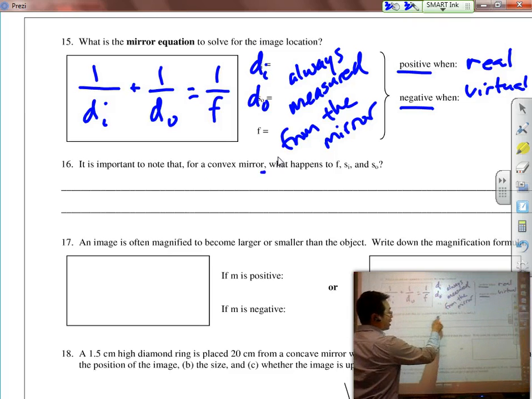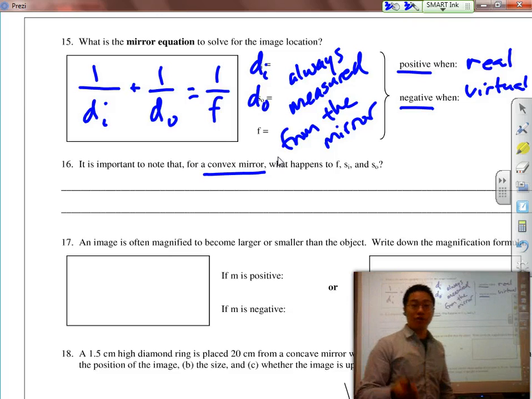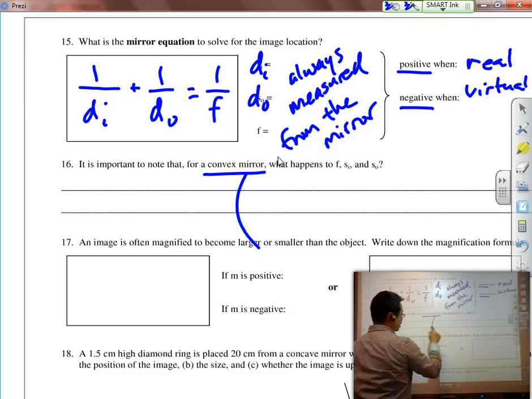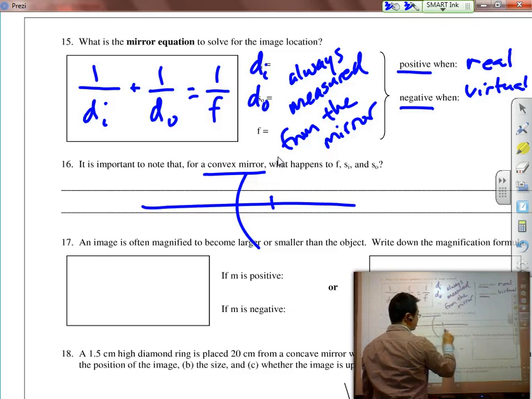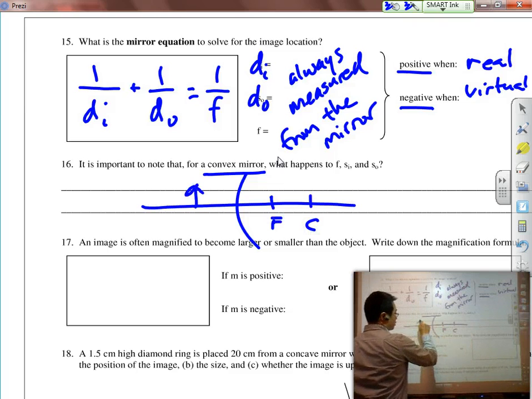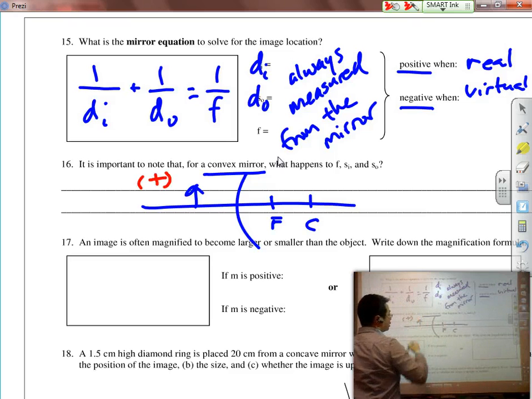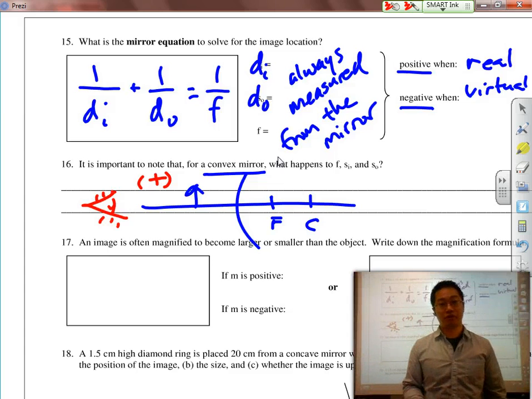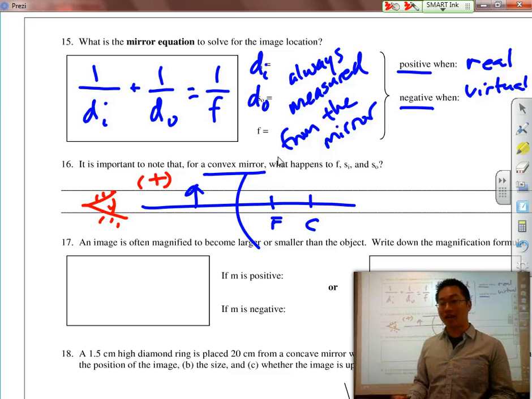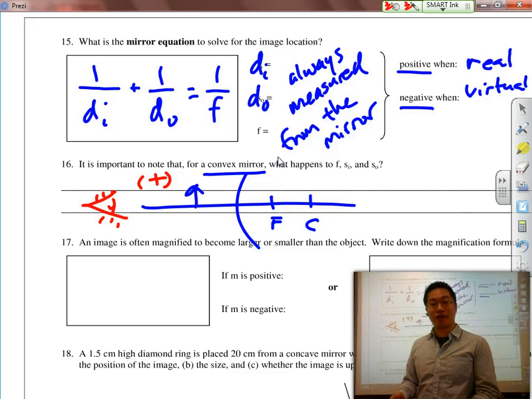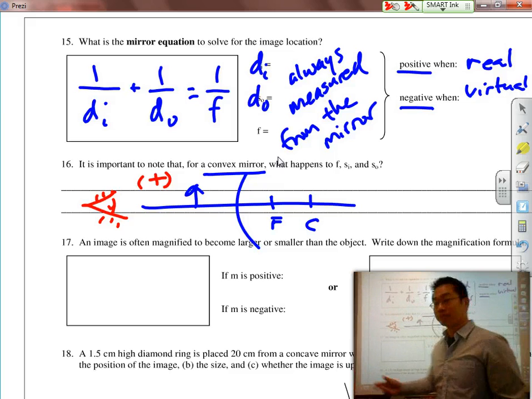So, for example, with a convex mirror, the security mirror, if we draw a quick sketch of the convex mirror, there's F, there's C, there's the object. Everything where the eye is, that's always going to be real. Wherever the eye is, that's where the rays of light really are. That's where the person really is.